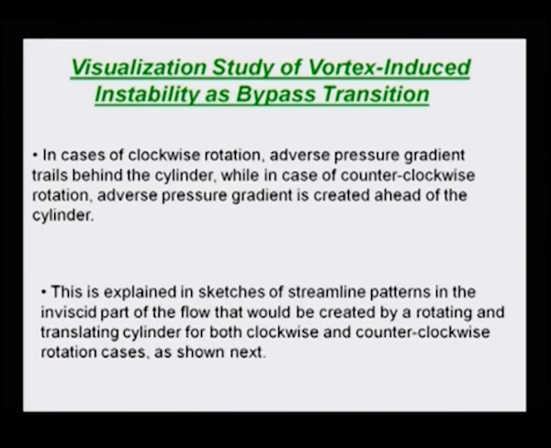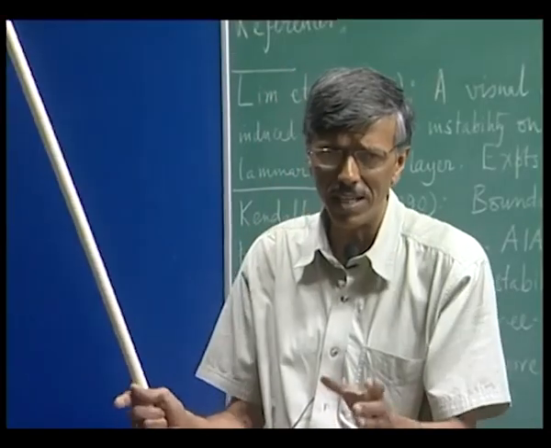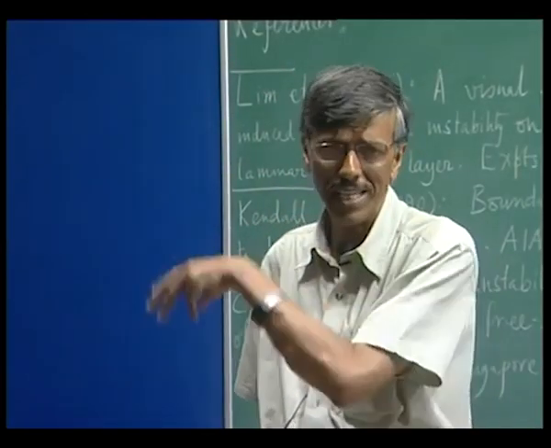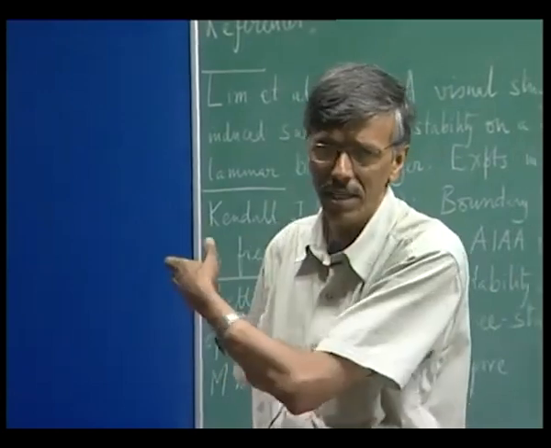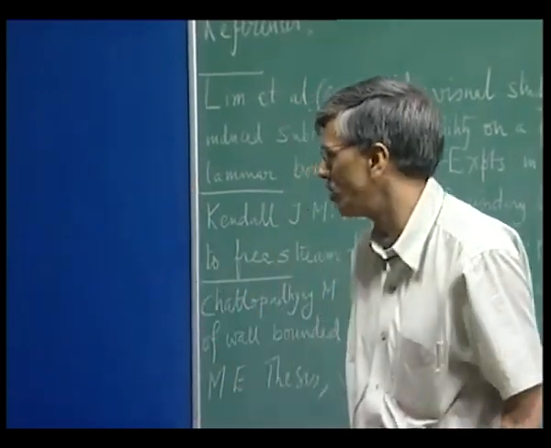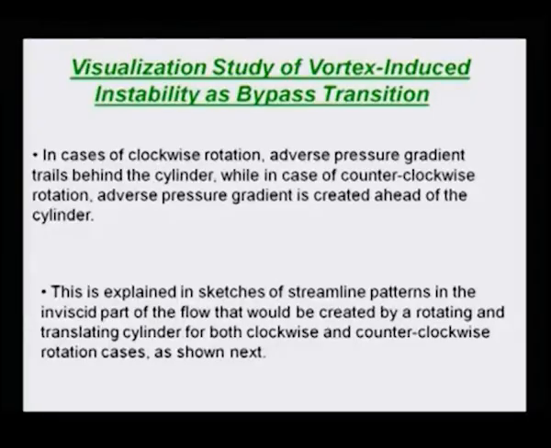In case of clockwise rotation, the adverse pressure gradient trails behind the cylinder, while in case of counterclockwise rotation, the adverse pressure gradient is created ahead of the cylinder. Those four frames that I showed, you can redo the case, put it side by side, a clockwise vortex and an anticlockwise vortex, and plot those, and you can see what we are talking about.